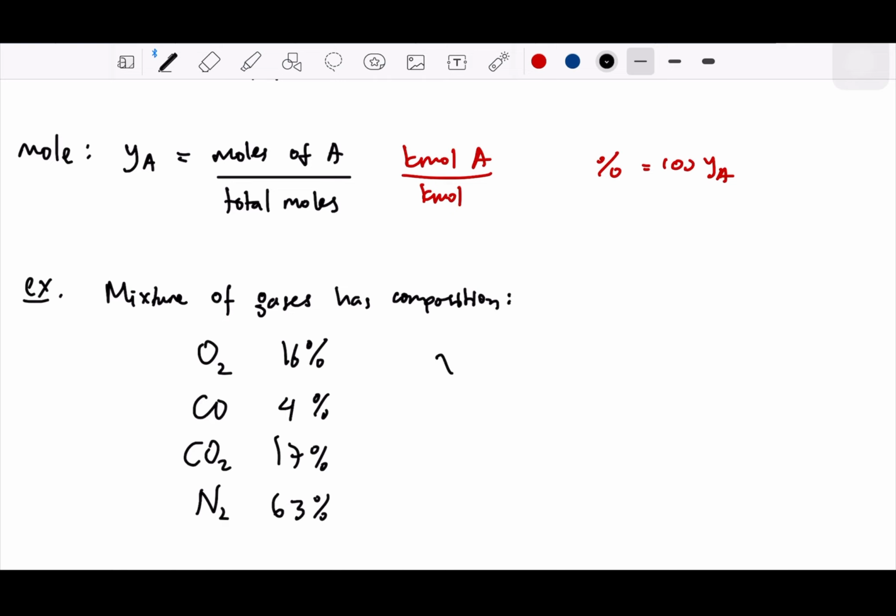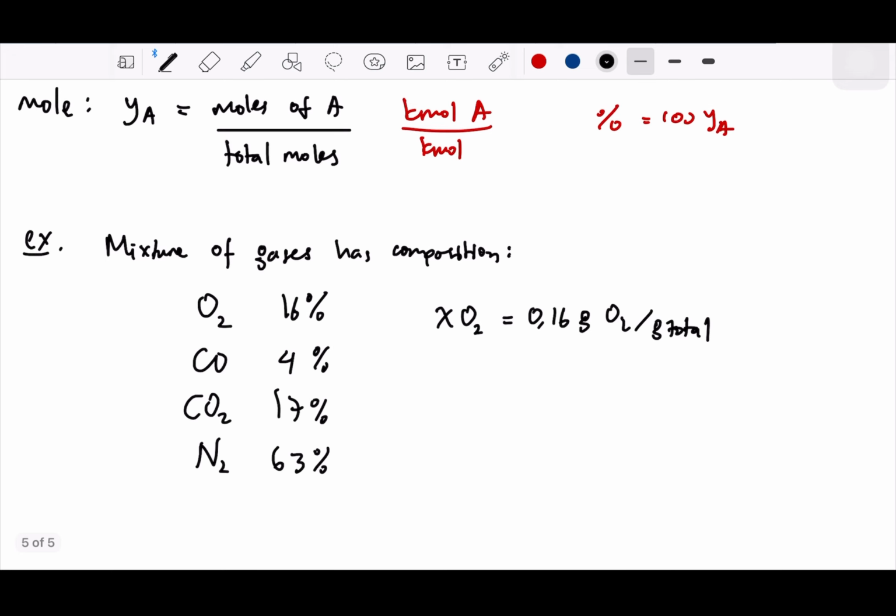We can write this mass fraction as 0.16, oxygen over total. The question is the molar composition.